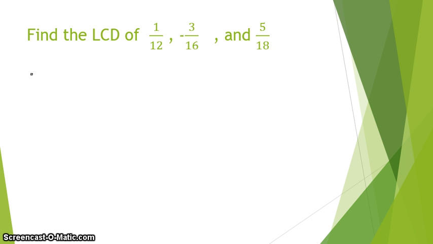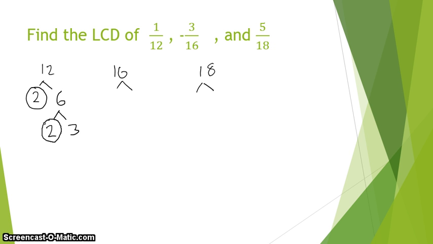In order to find that, what we can do is use prime factorization. So I'm going to factor 12, 16, and 18. 12 is divisible by 2, which is a prime number. That leaves me with 6, and 6 is 2 times 3, which are both prime numbers.